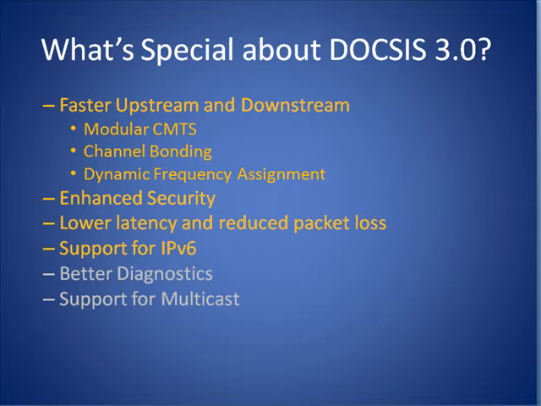Not only does DOCSIS 3.0 support the older integrated CMTS architecture as well as the new modular architecture, this standard also has new features for enhanced security, support for IPv6, and better diagnostics. We will spend the bulk of this tutorial's time discussing how these faster download and upload speeds are achieved. But before we get to that, let's briefly touch on some of the 3.0 standard's other features.